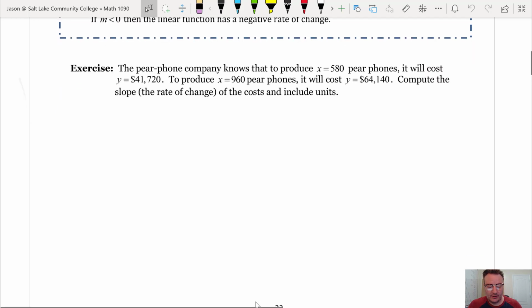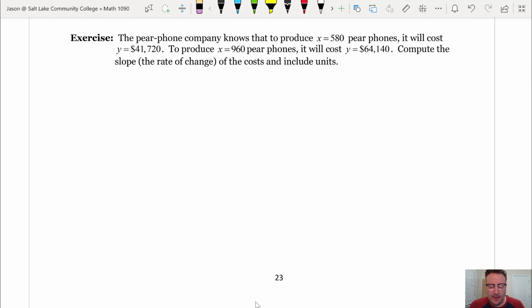Okay, let's do an exercise. The pair phone company knows that to produce x = 580 pair phones, it will cost y = $41,720. To produce 960 pair phones, it will cost $64,140. Compute the slope, the rate of change, of the costs and include units.